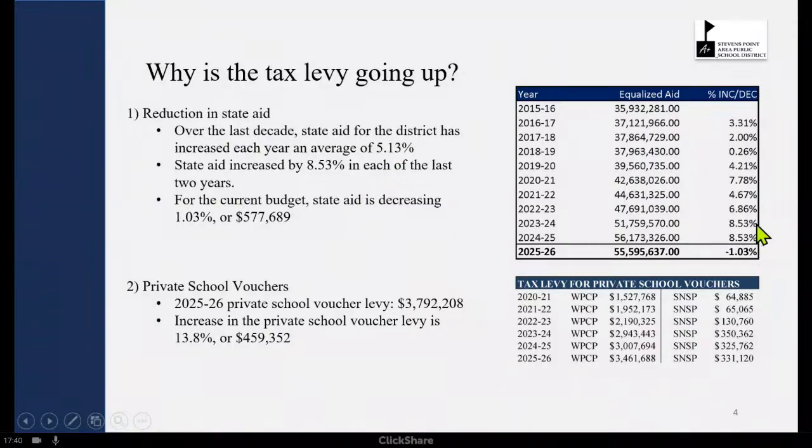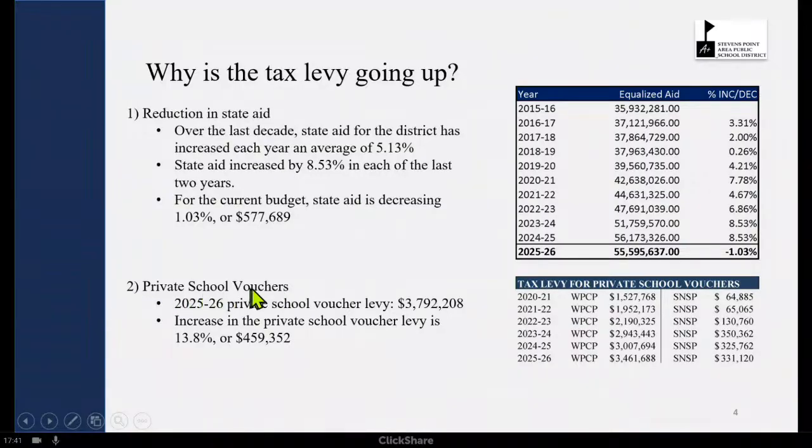In fact, in the last 2 years, state aid's increased by 8.53%. Then this year, we're actually seeing a reduction, a loss in state aid of 1.03%, or $577,689. So that's one of the reasons why the tax levy is going up.